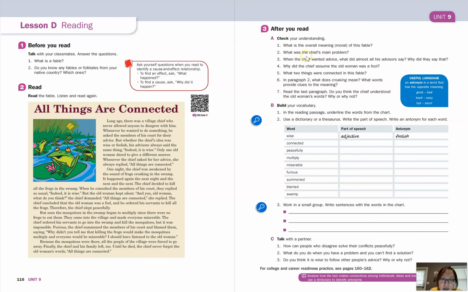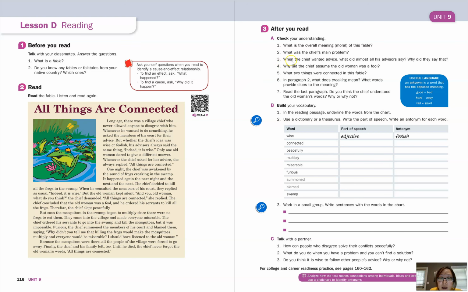Or you could restate the question and say the chief's main problem was that he was awakened by the sound of frogs croaking in the swamp. Or some of you might have said that the chief's main problem was that his advisors always said the same thing. And that's a deeper problem.